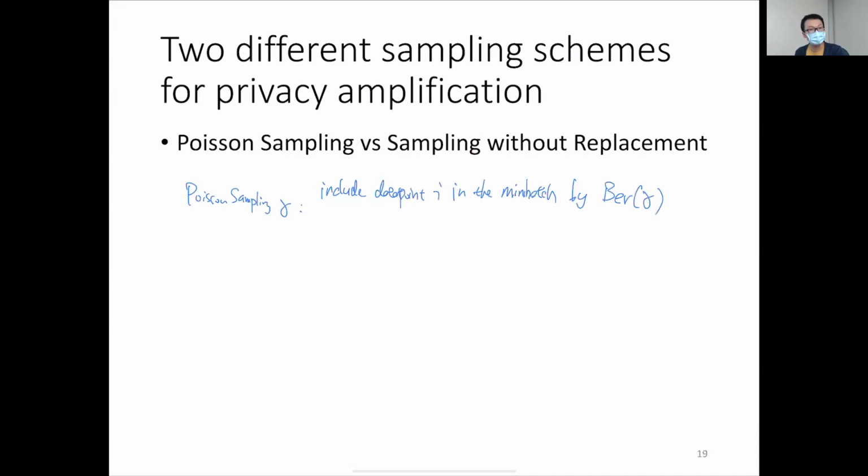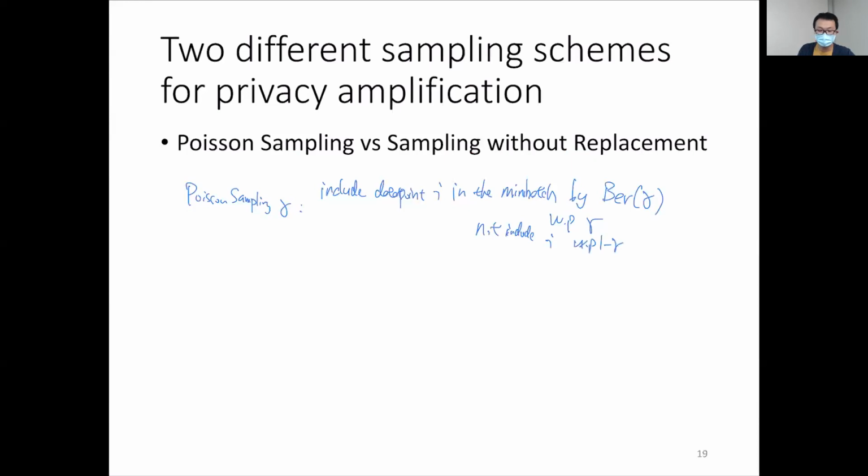So we include this data point with probability gamma, and do not include this data point with probability 1 minus gamma, and everything is independent. Notice that when we do this, the size of the mini batch is actually a random variable, right?